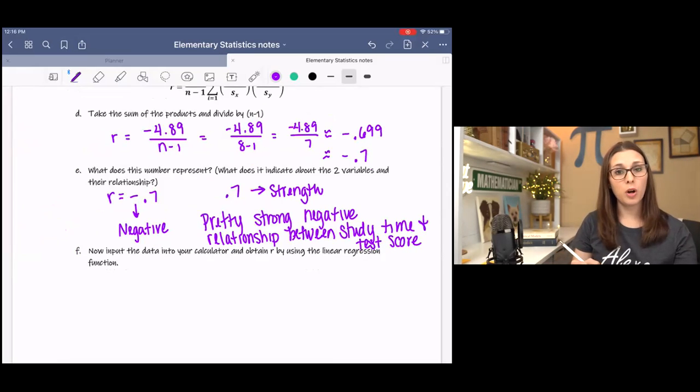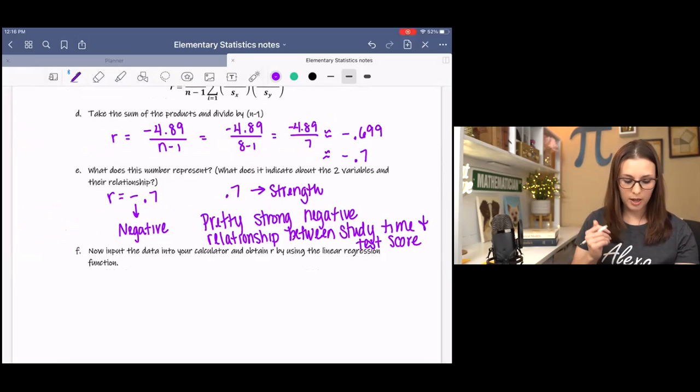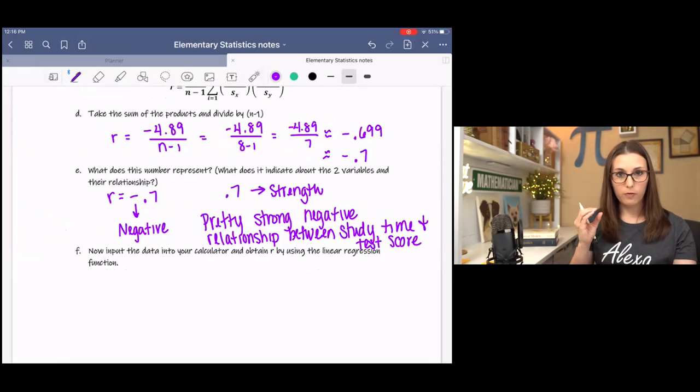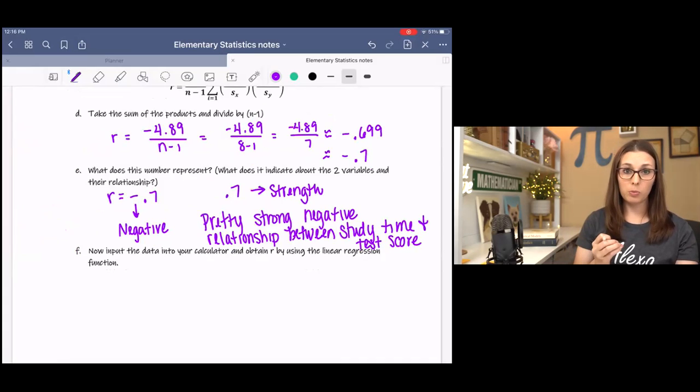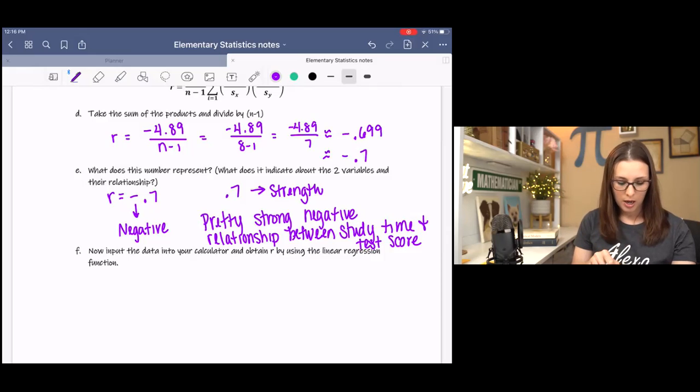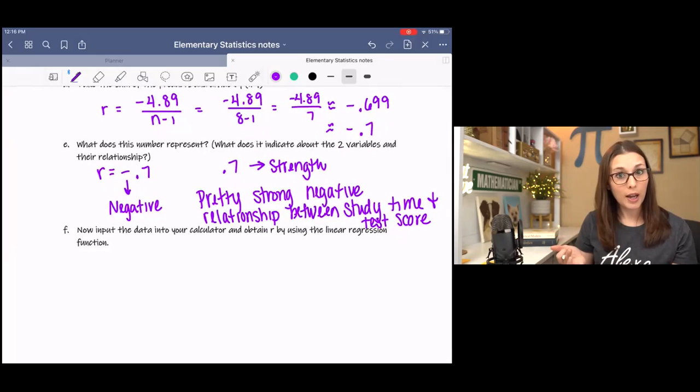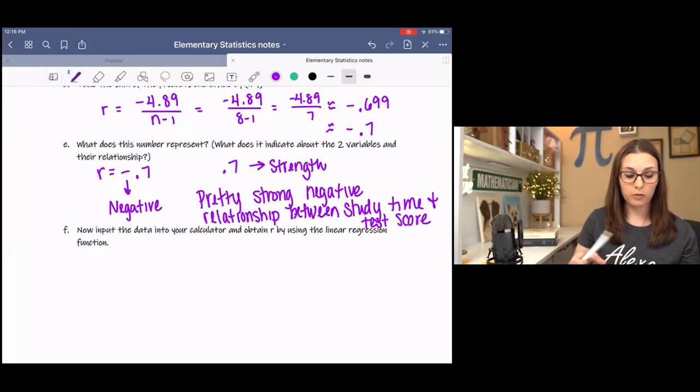That's pretty close to 1, or -1 in this case. So the numerical value represents the strength, and the sign represents the direction of your correlation. And so now we know how to do it by hand. Now we know where these values are coming from. Let's do this in the calculator.